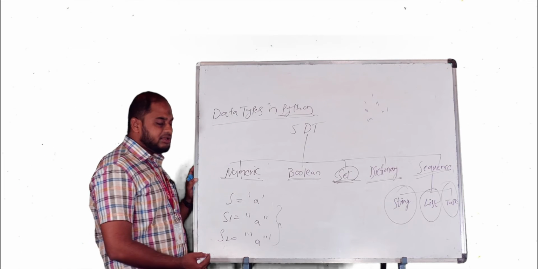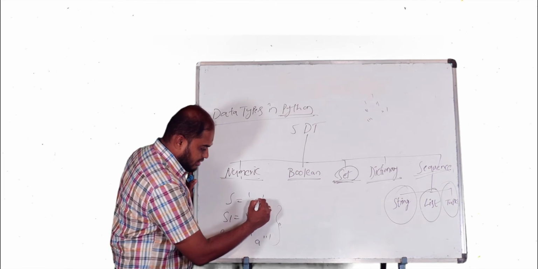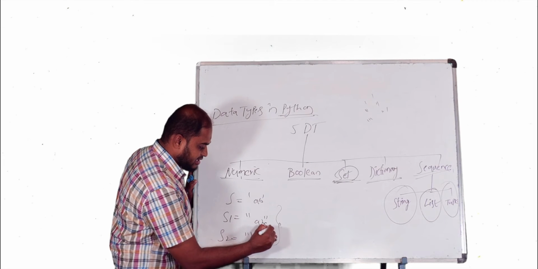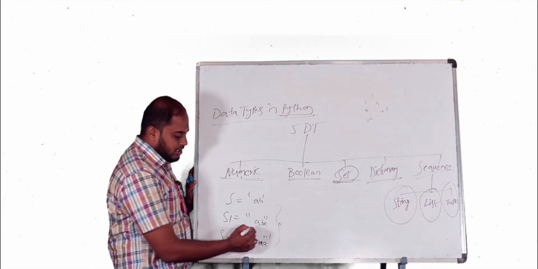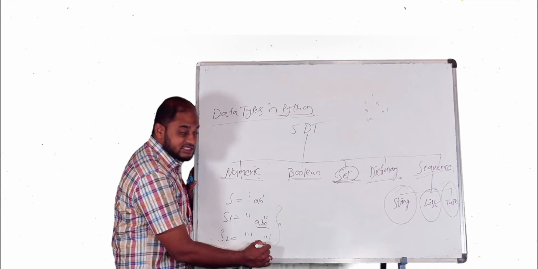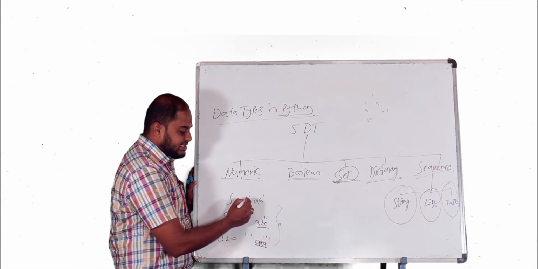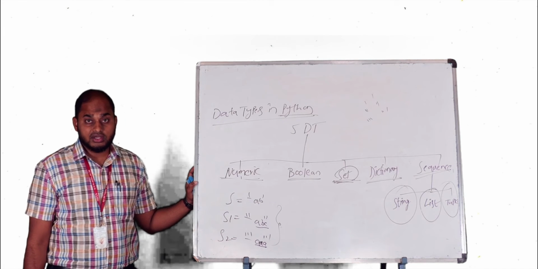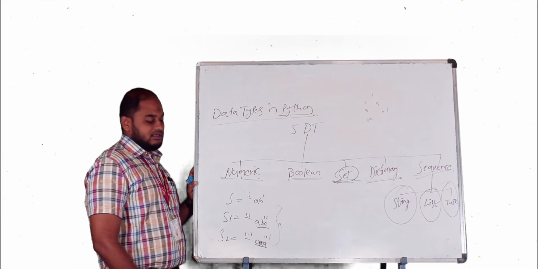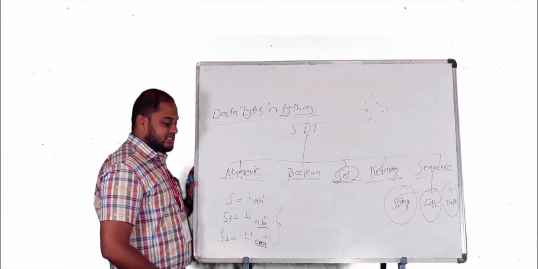A string is a combination of characters. You can use A, B, you can use A, B, C. Here you can see a combination of characters enclosed within single quotes, double quotes, or triple quotes. Now, if you want, you can check the type of this value by using the type function.